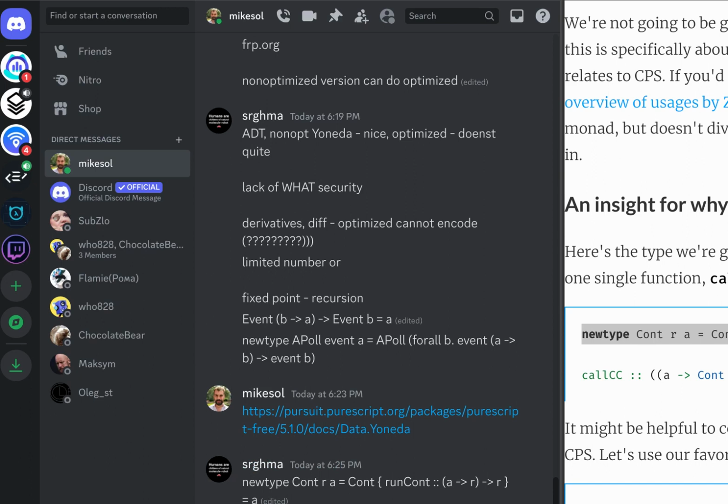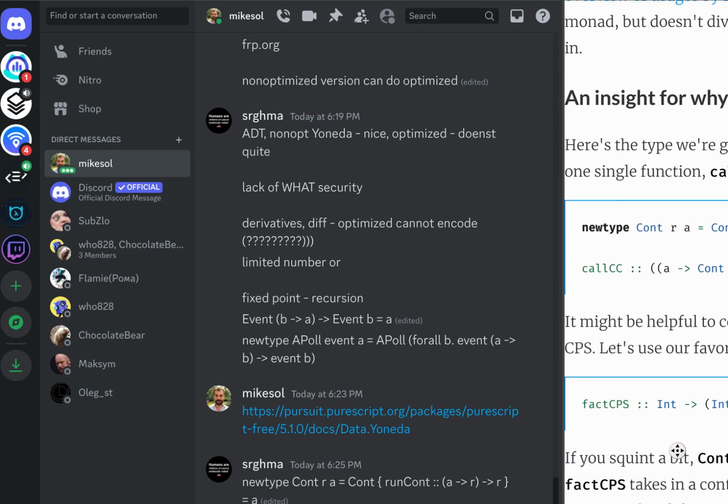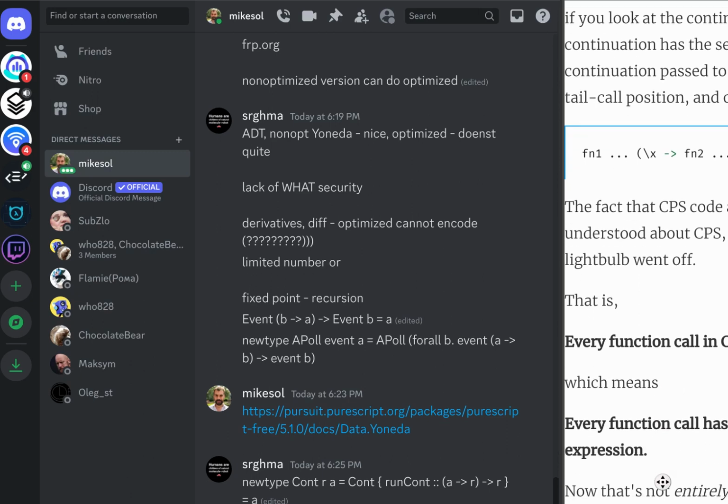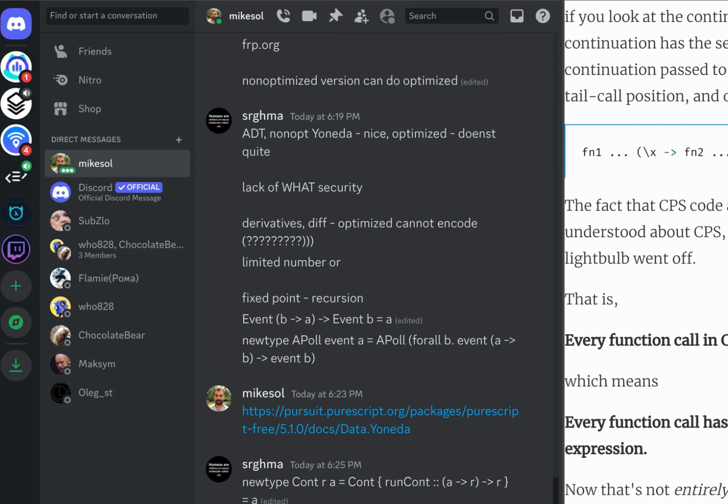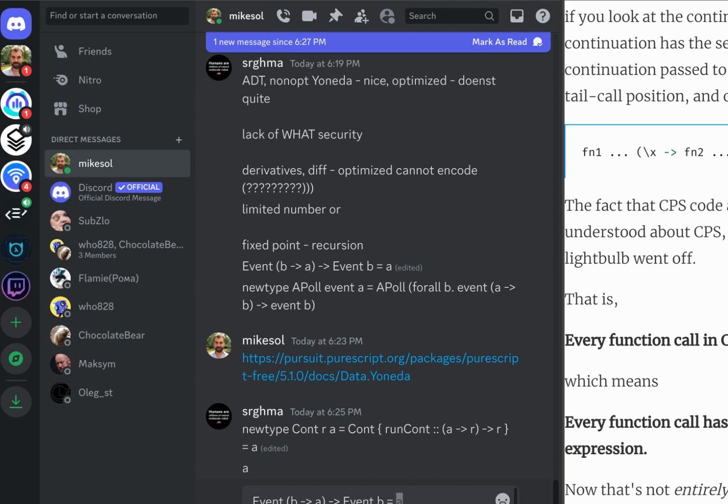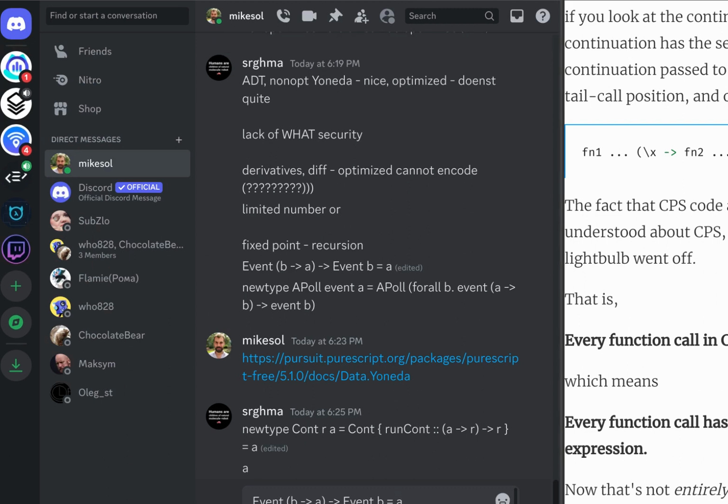Basically, you have to change B to A. What you want is, in the covariant position, the same thing that's in the contravariant position.